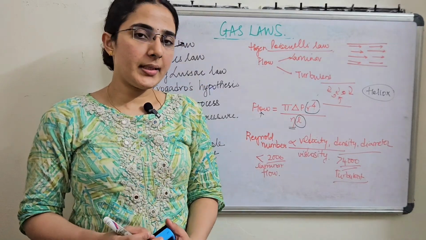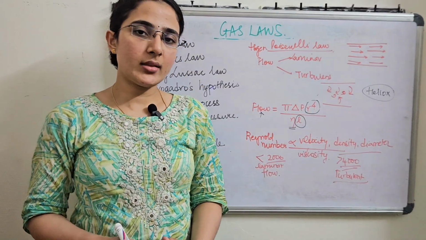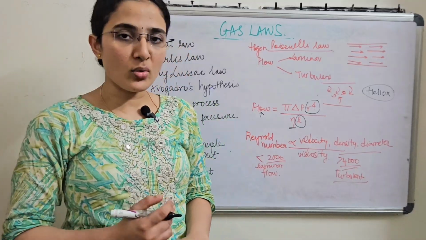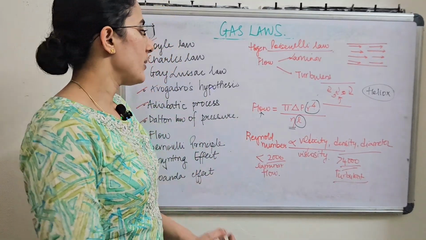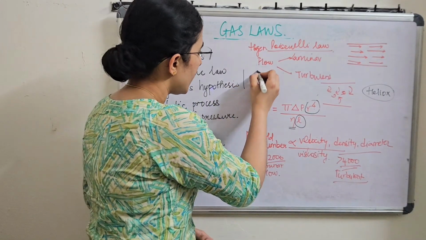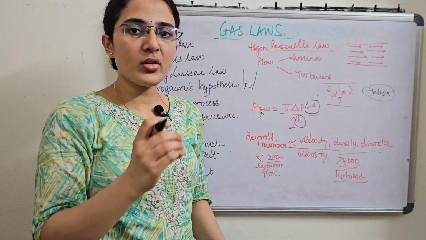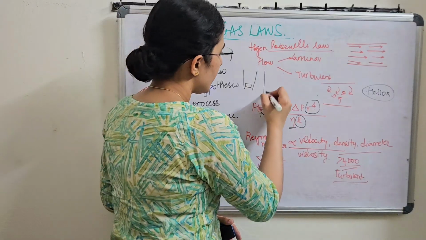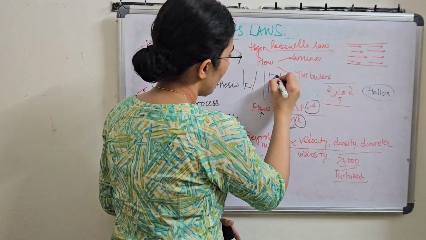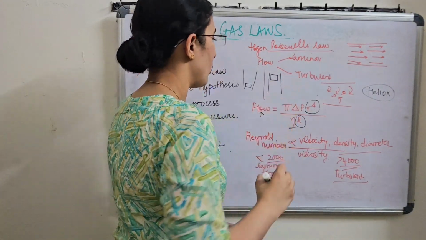Another application of the Hagen-Poiseuille's law which we see is in flow meters. In flow meters, usually at low flows there will be a laminar flow, whereas at high flows they will have a turbulent flow.